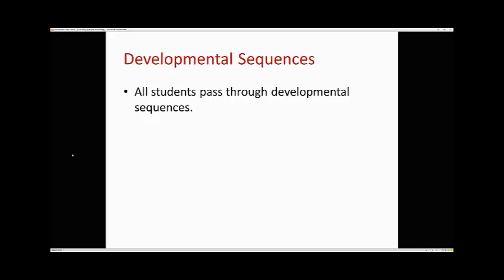For whatever reason, our minds are either pre-structured with grammar, if you believe Chomsky, or the environment provides the structuring and structuring the neural networks if you're into more modern views of language acquisition. But regardless of whether Chomsky is correct or the neural network people are correct, it doesn't matter. What does matter is recognizing that all students are going to pass through developmental sequences.